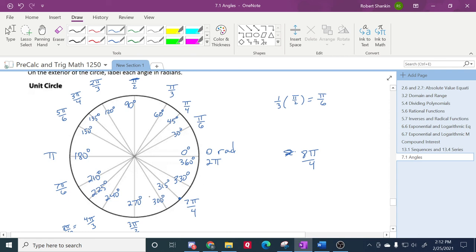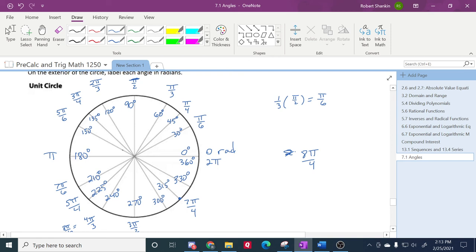But what are these things going to be in terms of radian measure? So this is 1 pi, and this is plus 1 more pi over 4. So think of this as 4 pi over 4 plus 1 pi over 4, 5 pi over 4.